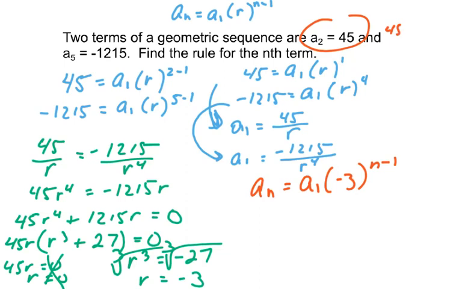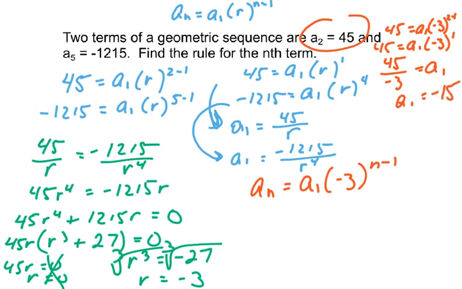So 45 equals a sub 1 times negative 3 to the 2 minus 1 power, that means I have 45 equals a sub 1 times negative 3 to the first power, or 45 divided by negative 3 equals a sub 1. So a sub 1 is equal to negative 15.